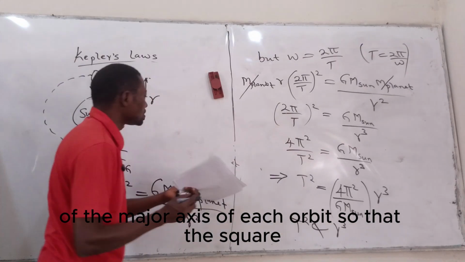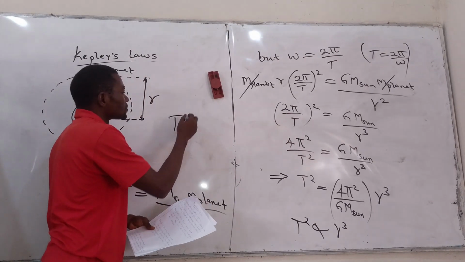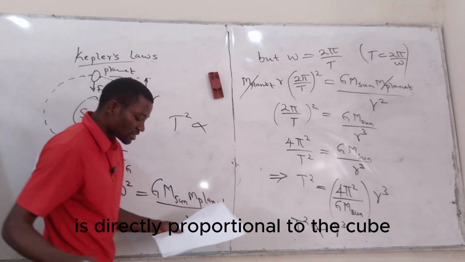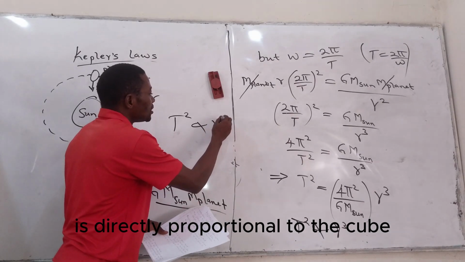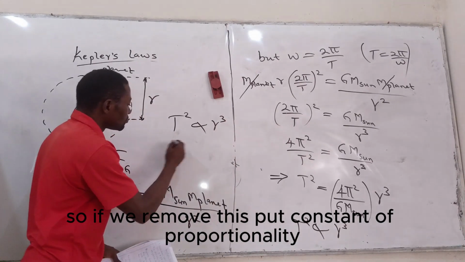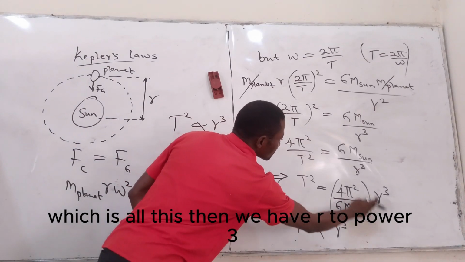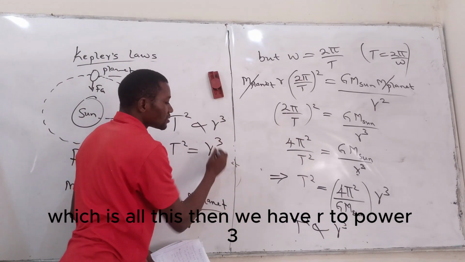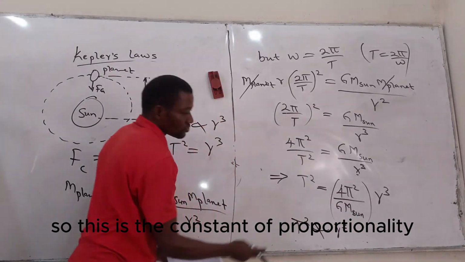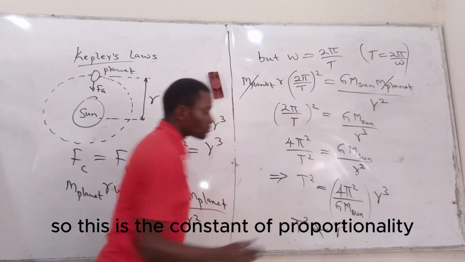So that the square is directly proportional to the cube. So if we remove this, put the constant of proportionality, which is all this, then we'll have r to power 3. So this is the constant of proportionality.